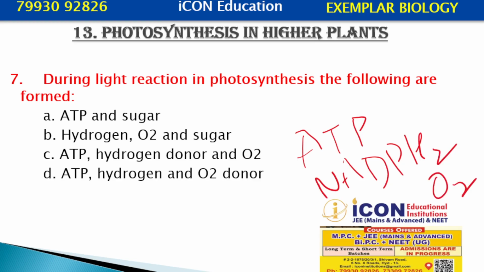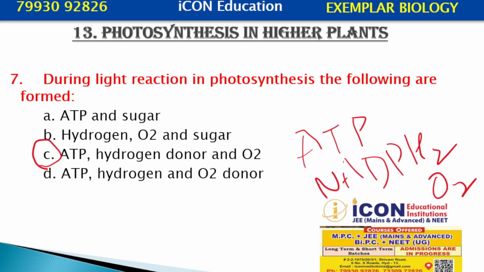So it is there in option C, that is ATP, hydrogen donor, NADPH2, which can also act as a hydrogen donor, and oxygen. These are formed at the end of the light reaction.